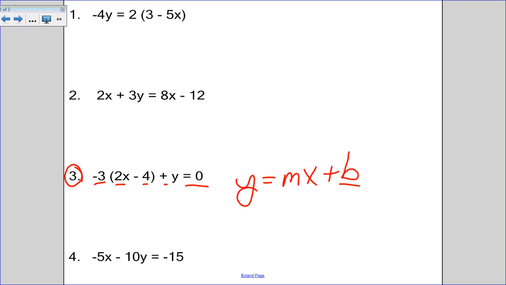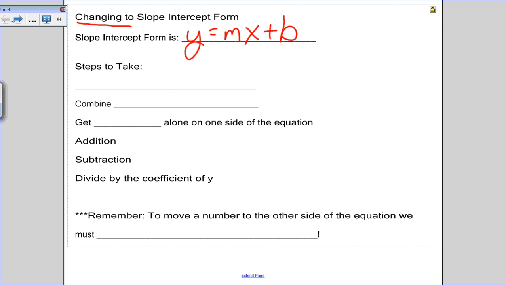I don't think so, okay? This is very, very different. So, what do we do when we're given something like this, and how do we make it look like our slope-intercept form, okay? So the first step to take, okay, we're looking at our order of operations.